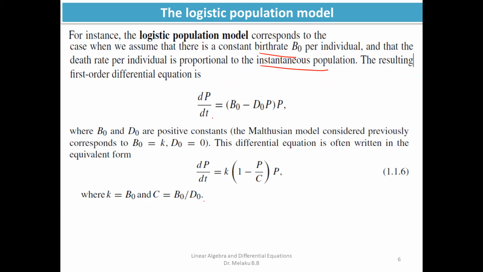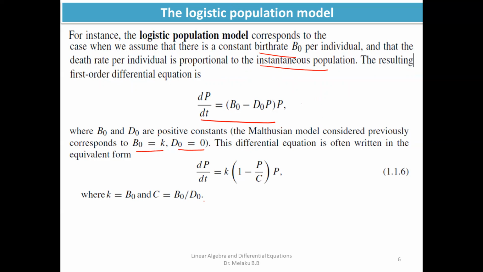Therefore, the resulting first order differential equation will be given this way, where B naught and D naught are positive constants, which means the Malthusian model that we considered for the population of bacteria could also be included here, where B naught is k and D naught will be 0.